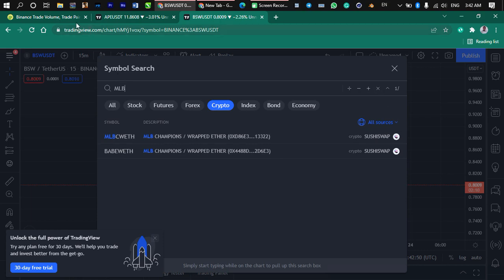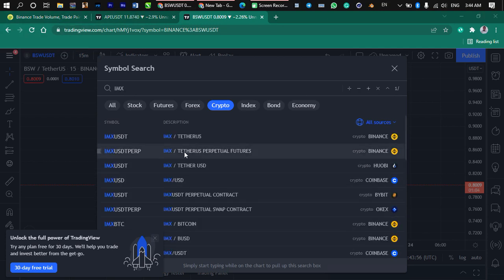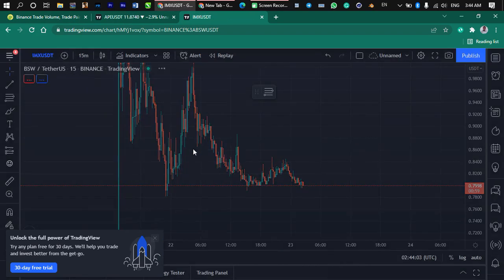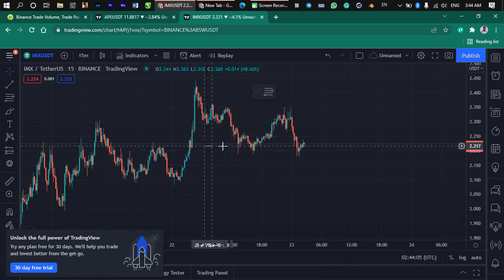No, it's a no-go area. So basically, I'm picking another coin, which is IMX, a new coin as well.